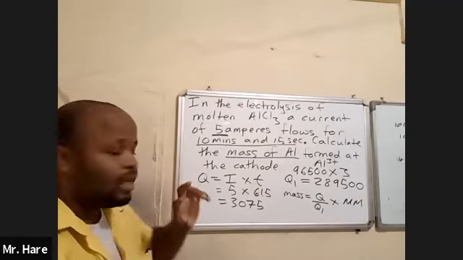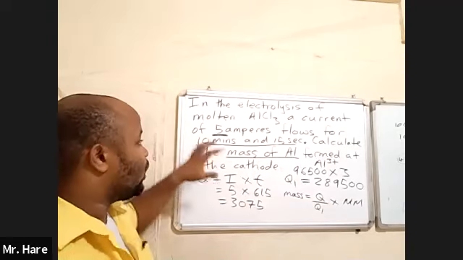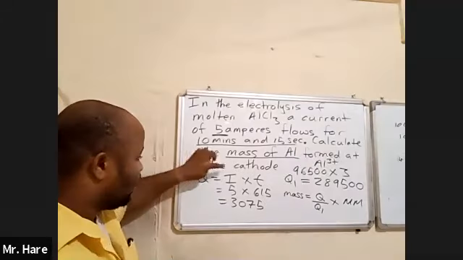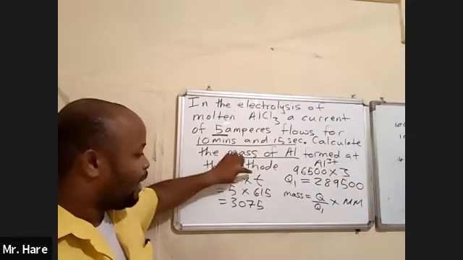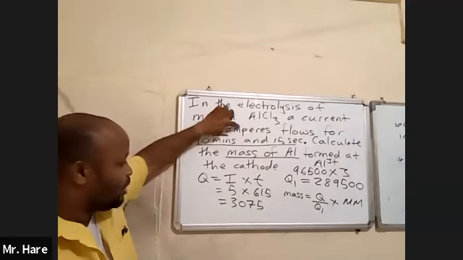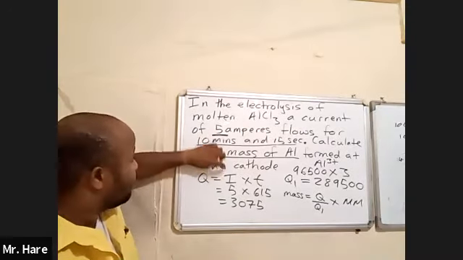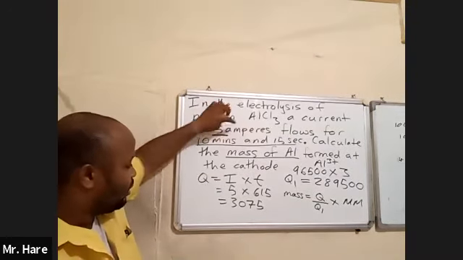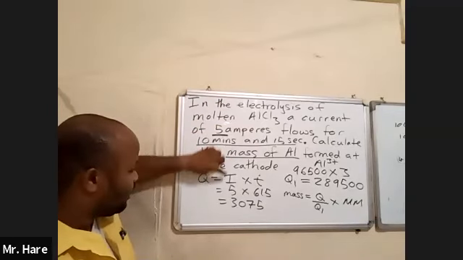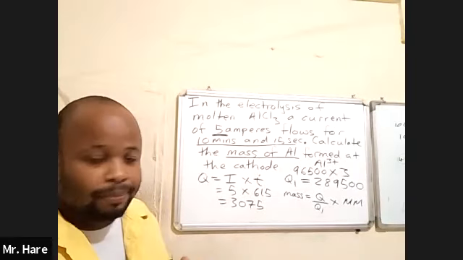All right, so we calculate two things. Q is the quantity of charge that was used in the experiment. Q is the current multiplied by the time. The current from the question is 5 amperes. The symbol is I, the unit is amperes. The time must be in seconds.